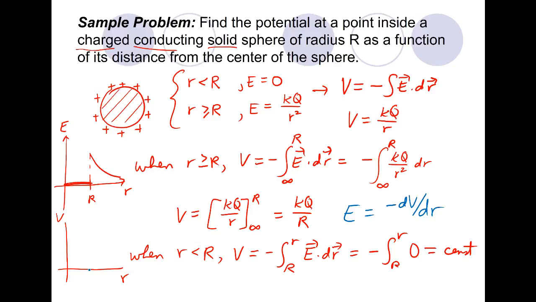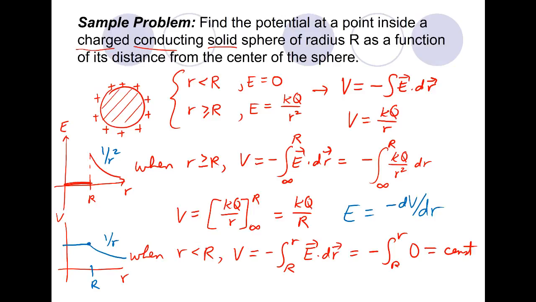And it turns out that when little r is less than or equal to big R, you have some constant value, and the derivative of a constant is 0. And then we have a 1 over r, not a 1 over r squared, but a 1 over r. And the value at big R is the constant value that the potential is throughout.